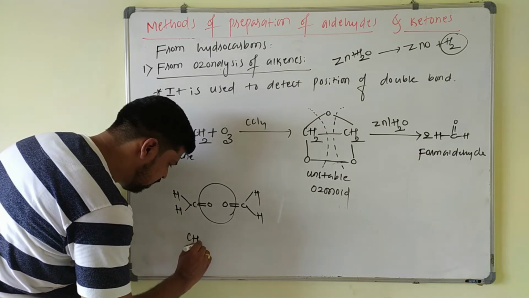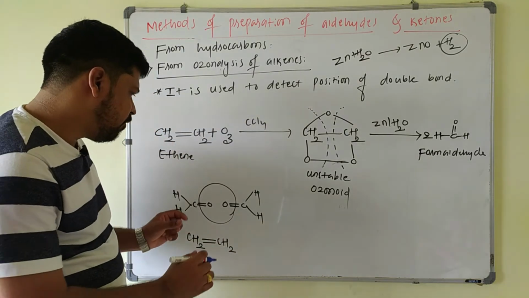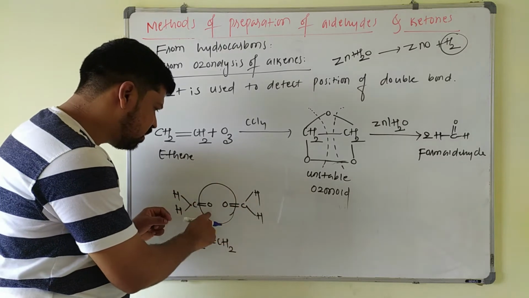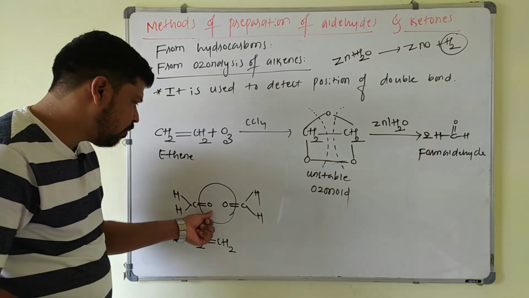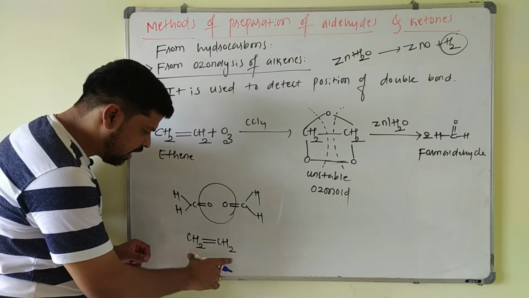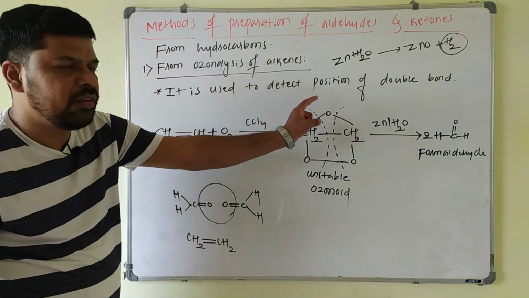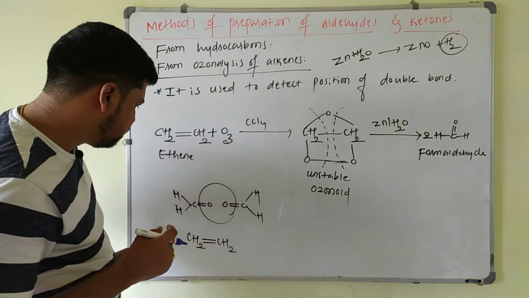Again what you will get here? CH2 double bond CH2. So if you write the 2 compounds such that their carbonyl groups are facing each other, and if you remove the 2 oxygen atoms, then again you will get the same alkene. That's how it is used to detect the position of the double bond.